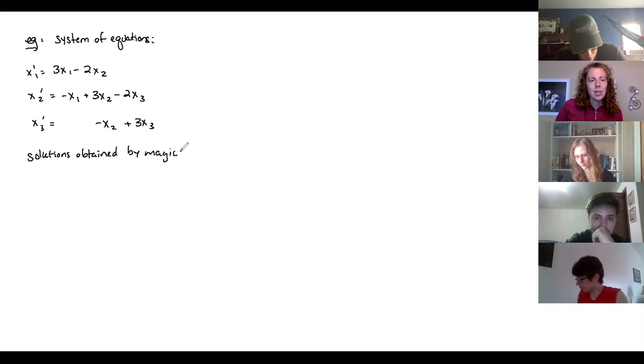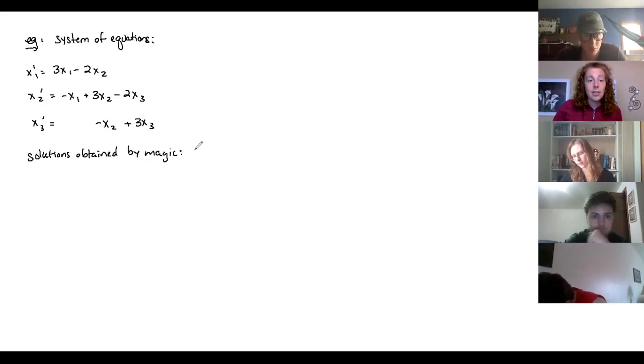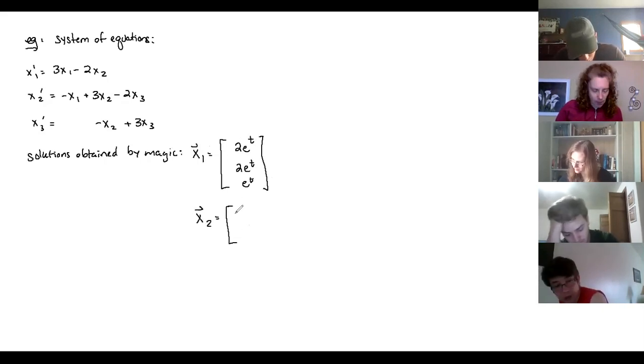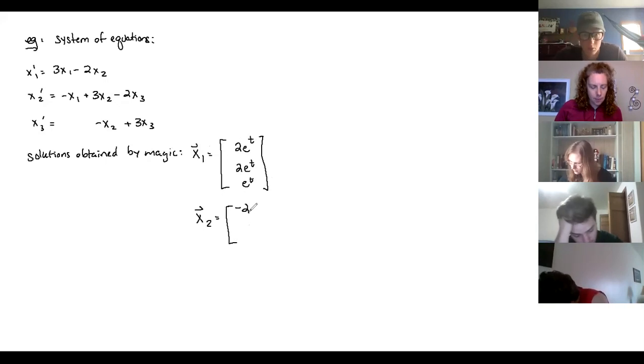Solutions obtained by magic are going to be, these are vectors. So x1 is equal to 2e to the t, 2e to the t, e to the t. That's my first vector. x2 vector, negative 2 e to the 3t, 0 e to the 3t.